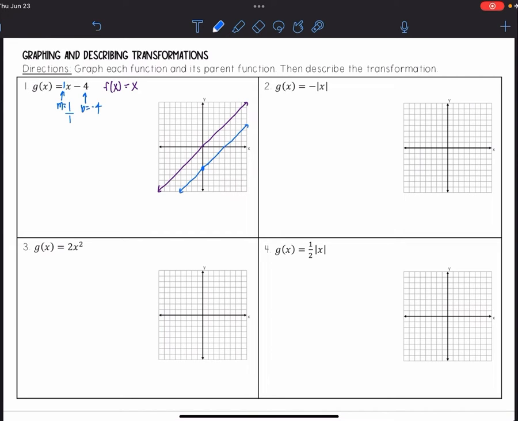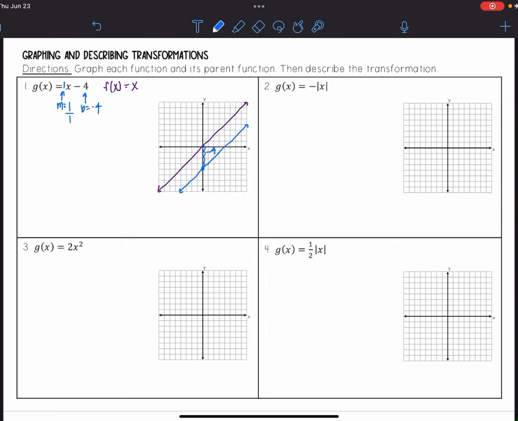Well, I see that my blue line here for my parent function, I clearly translated down. I still have the same size, shape, and orientation. I just shifted downwards. And I see that I shifted down 1, 2, 3, 4.